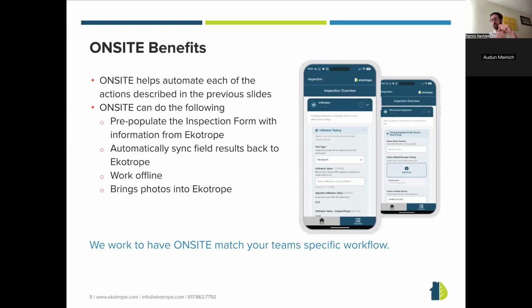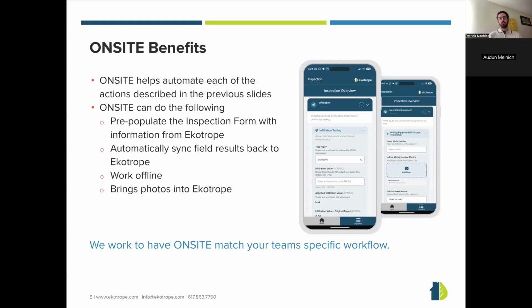And then it can also generate automated reports for your builder. And these reports can be sent directly from OnSite. So it can help speed up how quickly you get a report out to your builder. It takes away any step around manual photo filing or photo storage, and it takes away any data copying from an inspection form into Ekotrope.